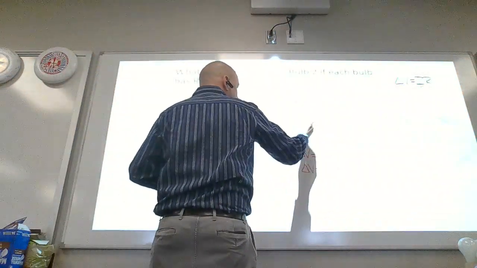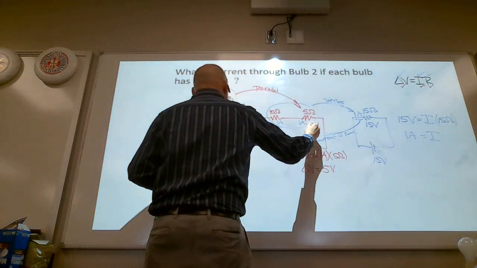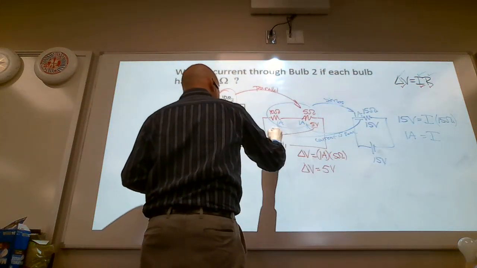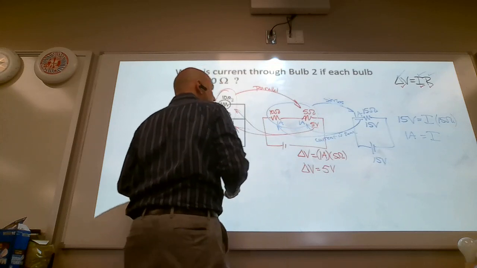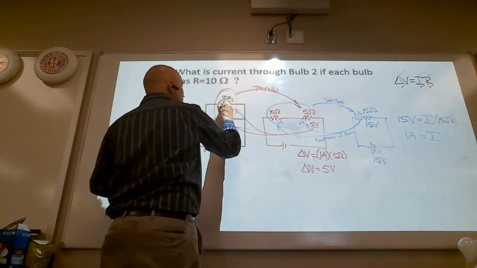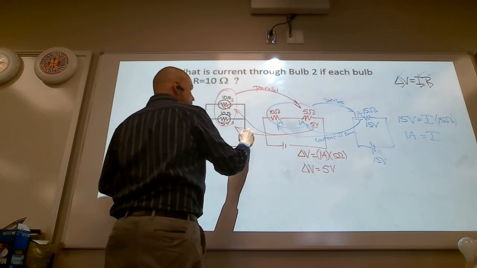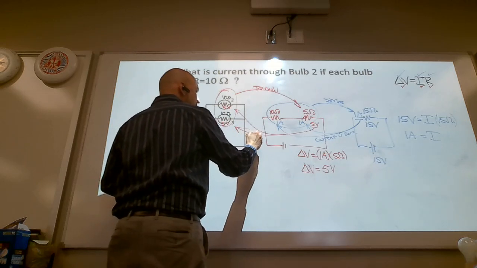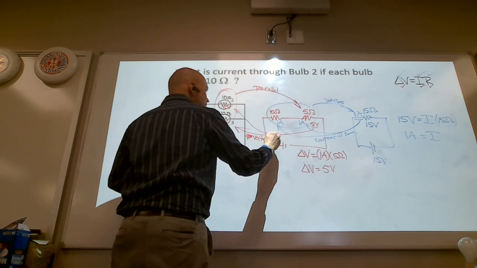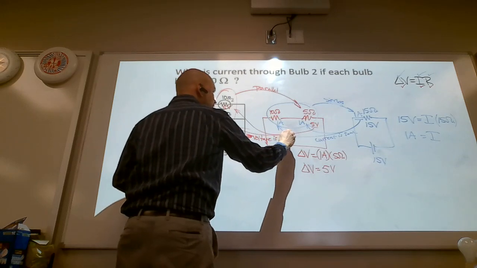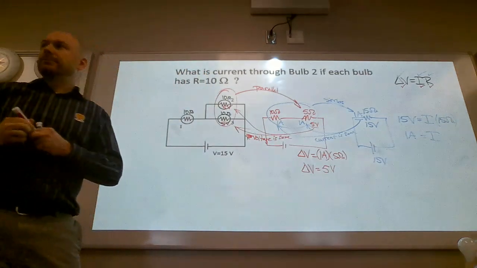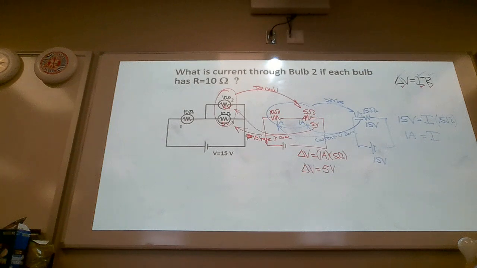Lockdown. That is a hard fact that you need to have in your brain. So there's 5 volts across this one and 5 volts across this one. Sorry, voltage is the same. Good with that.